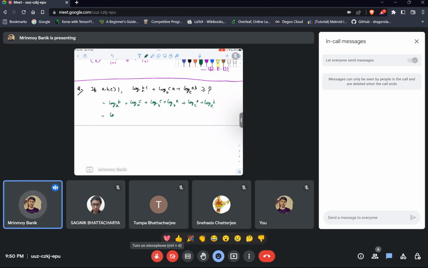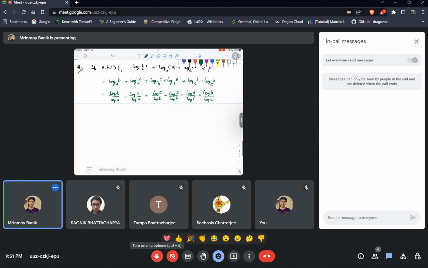That is equal to log b by log a, log c by log a, log c by log b, log a by log b, log a by log c, log b by log c. So there are six terms, and all the terms are distinct.